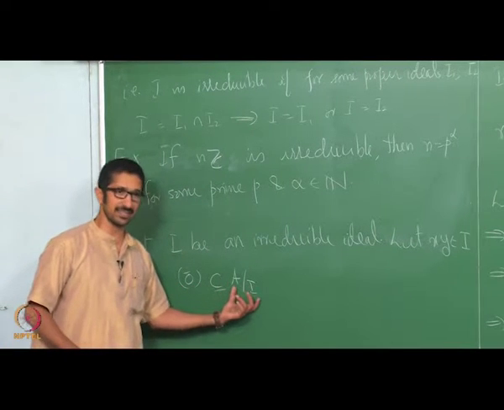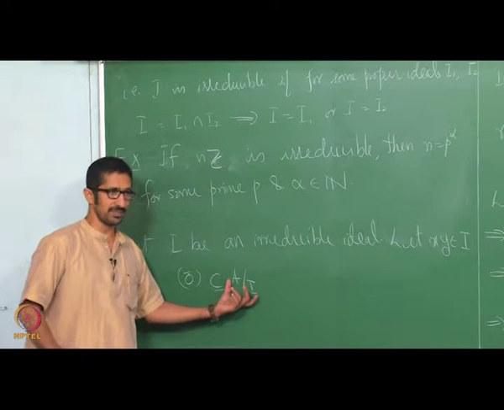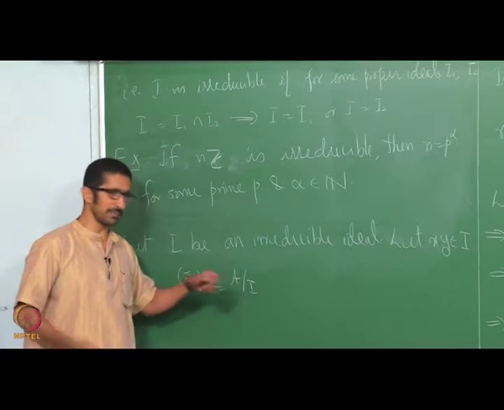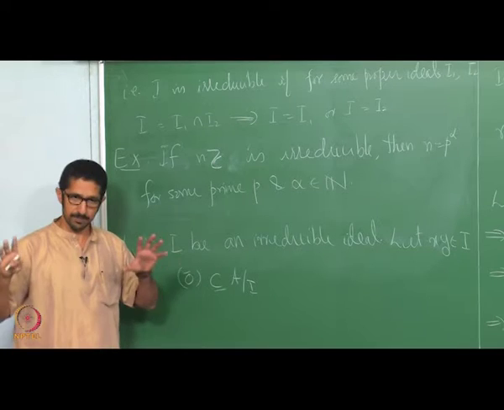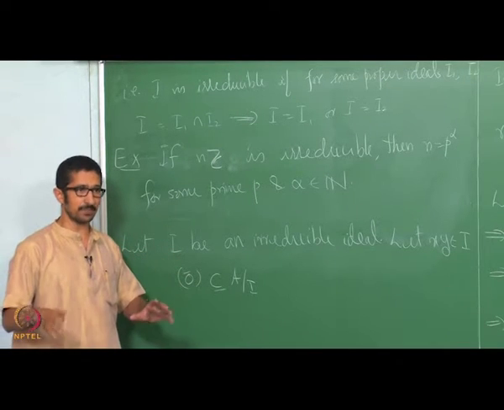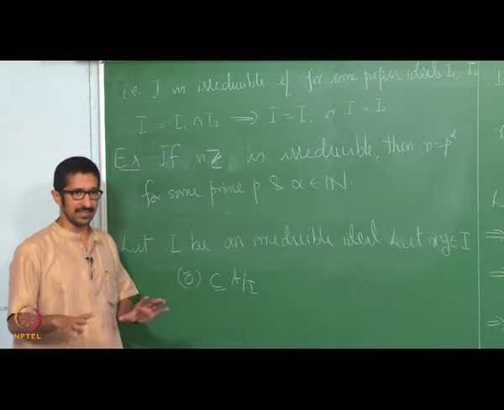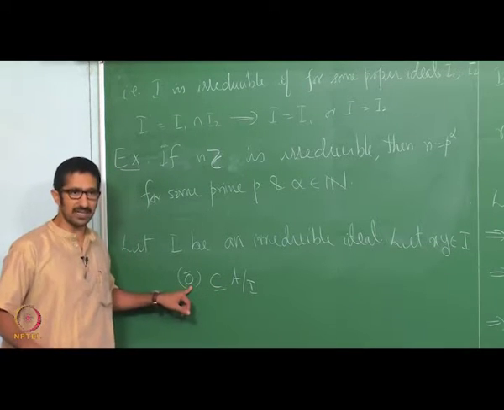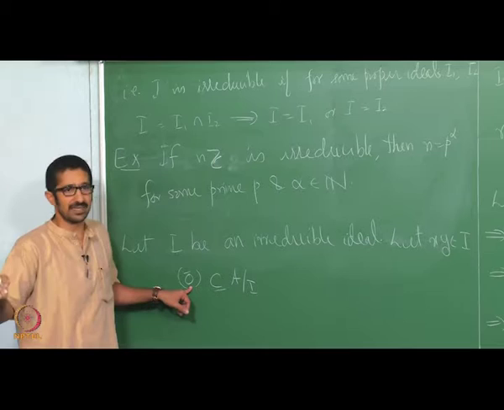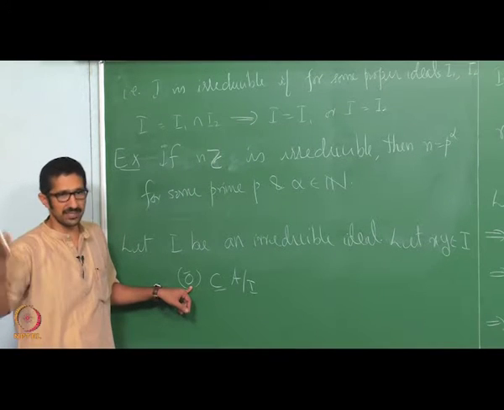If I is reducible, then I can be written as I1 intersection I2, where I1 and I2 are proper ideals properly containing I. So I can take their images in A mod I and write 0 bar as I1 bar intersection I2 bar.